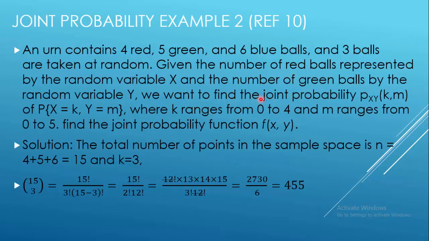We want to find the joint probability p of x, y, or k comma m, where x is equal to k and y is equal to m.